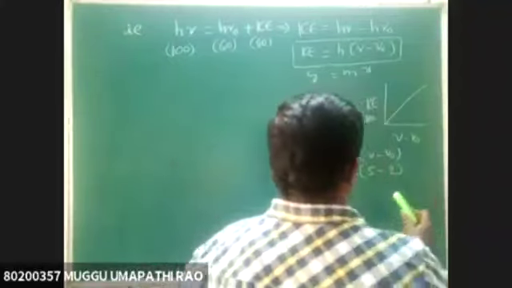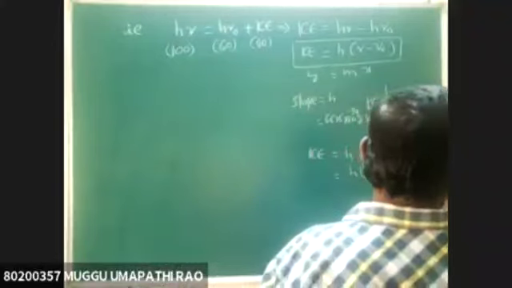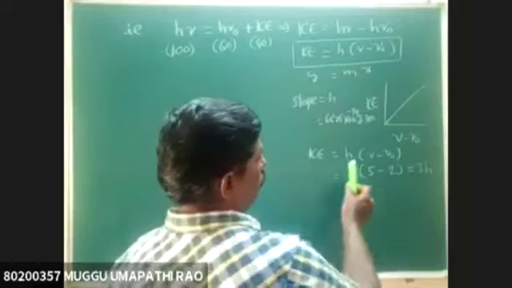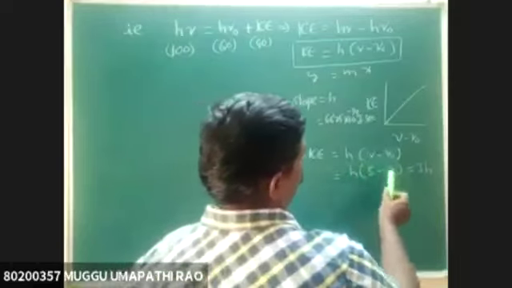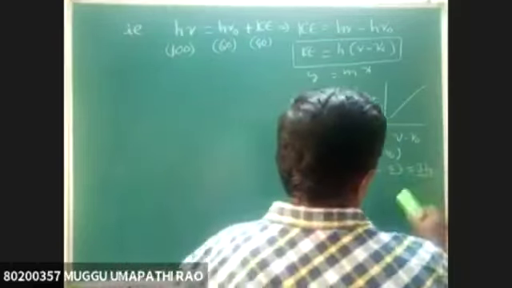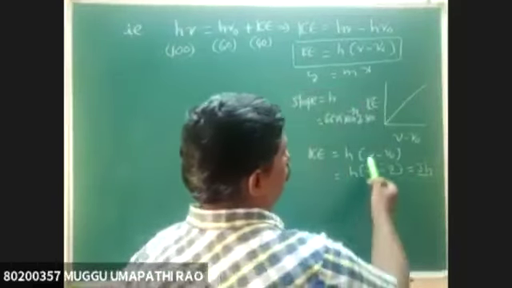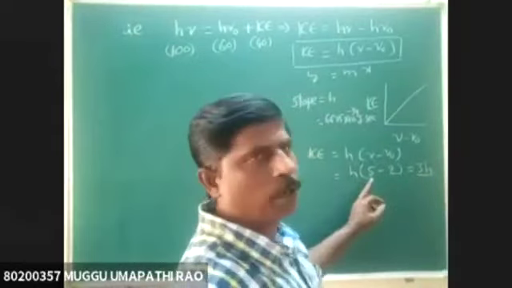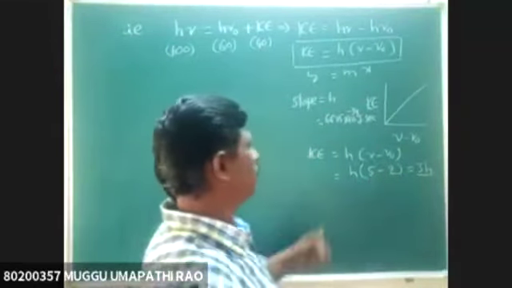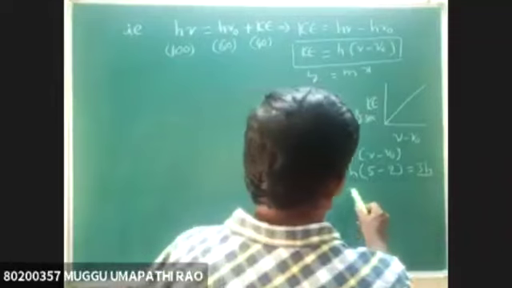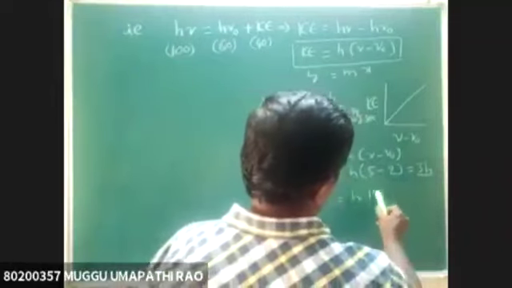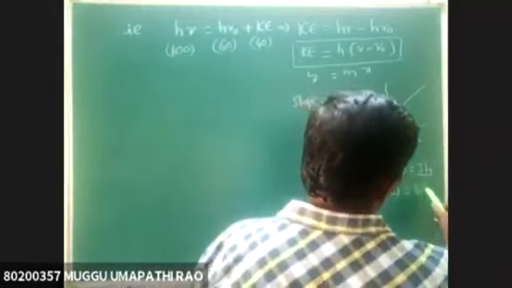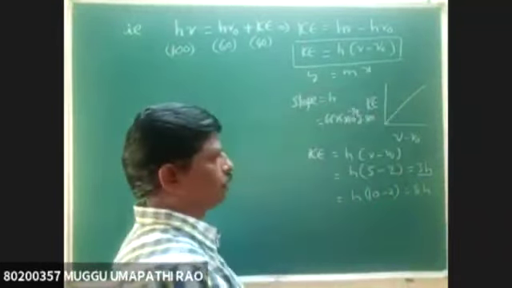What is the value of kinetic energy? If ν is equal to 5 and ν₀ is equal to 2, then we get kinetic energy 3h. If the frequency of light is doubled, now let's calculate kinetic energy. If it is doubled, what do we get? We get kinetic energy 8h.